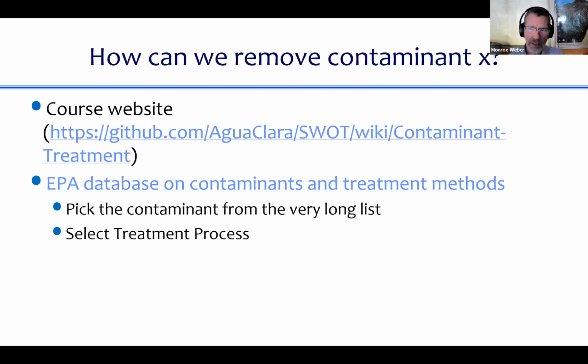The links are on the wiki course website, but it's very easy to click through, identify a contaminant, and then EPA provides a whole list of treatment options that can be used and some information about which ones are the best options. So that's a go-to database if you need to remove a crazy contaminant.